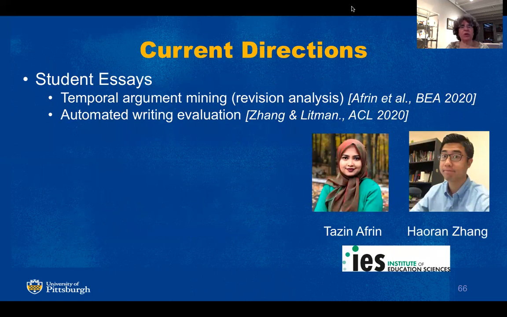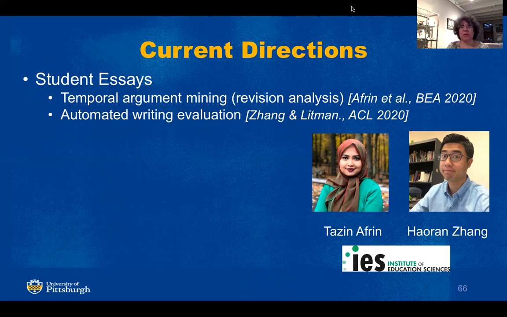With respect to student essays, we're now focusing largely on what I like to call temporal argument mining, to have students not only get their essay scored, but revise it, and to compare first draft to second draft to third draft, first draft to third draft, and so forth, to look at how the argument is changing over time.